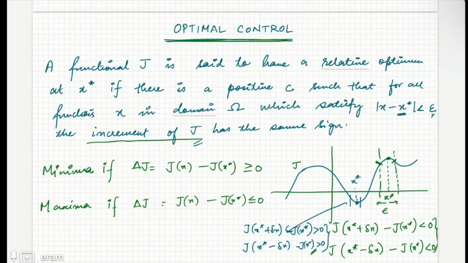Now is there any way that we can guarantee that the optimal will exist?